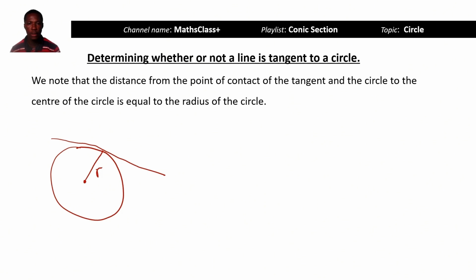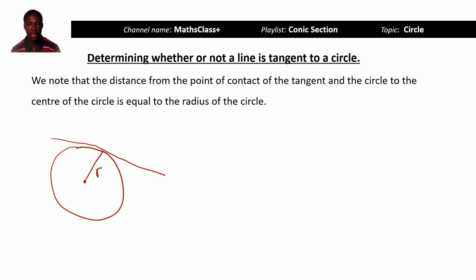And so when we have to check whether a line is a tangent to a circle, we will have to check whether the distance between the line and the center of the circle is equal to the radius of the circle. And that is how we do it.